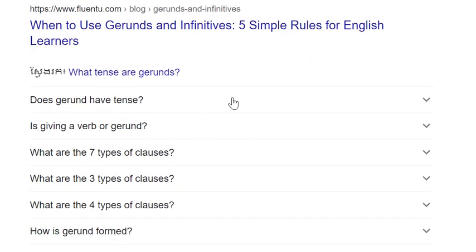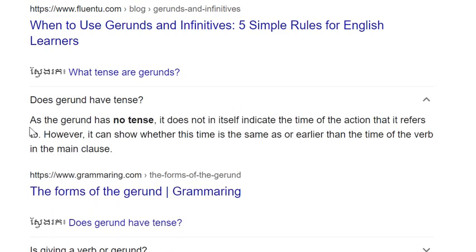Does gerund have tense? A gerund has no tense. It does not in itself indicate the time of the action that it refers to.